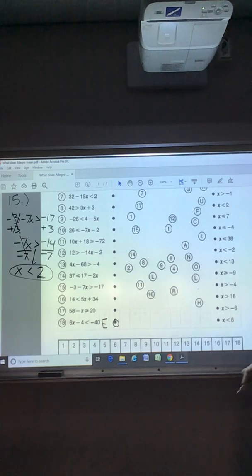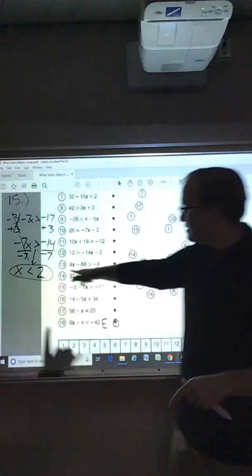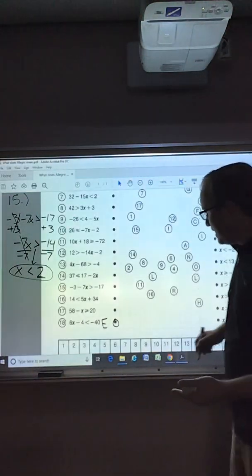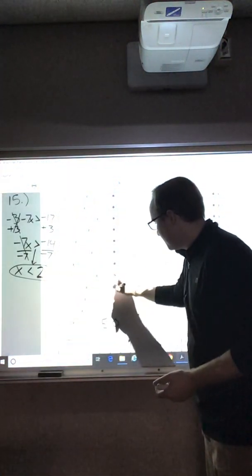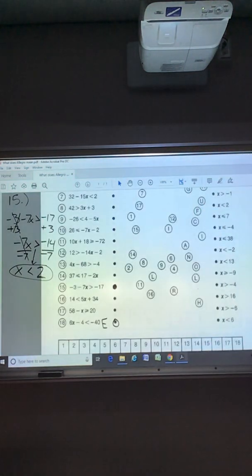You see, as soon as I said it, I saw it. X is less than 2 is what we're looking for, right? Well, guess what? If my 15 is right here, make that bold, my x is less than 2 is all the way up here.